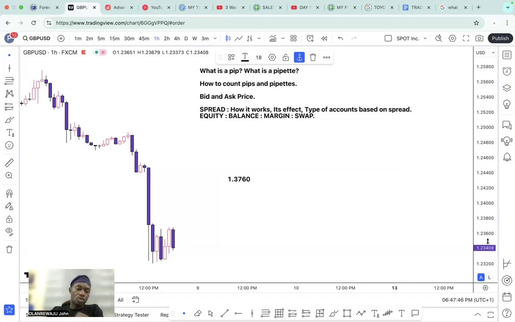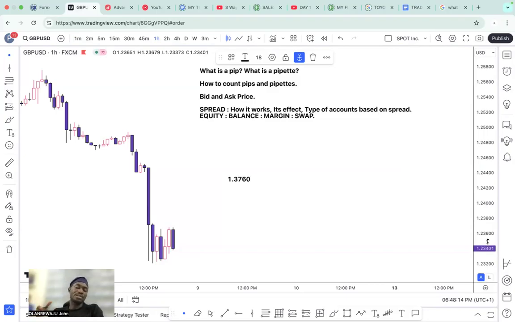So let us come back to our virtual example. Let's say currently GBP USD is at 1.3760, but it will increase by 15 pips. How are we going to do that? Then we add that 15 pips to 1.3760 from the back.